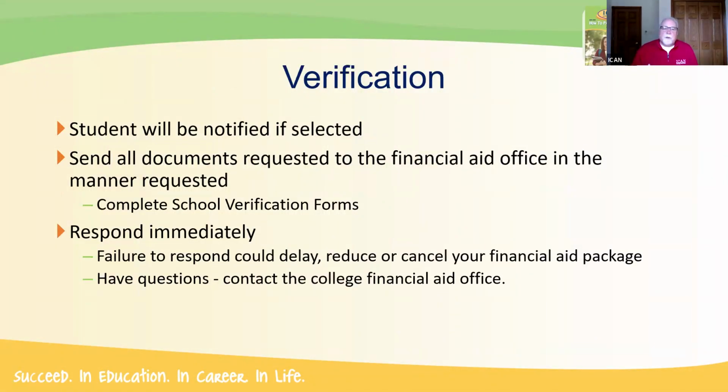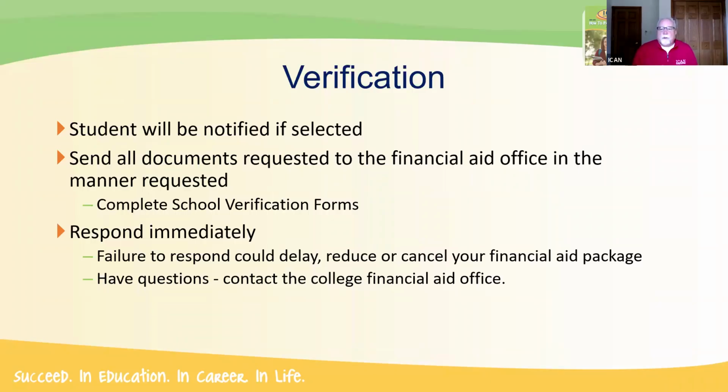So the student should be checking their college emails to see if the financial aid office needs more information. If you've applied for financial aid and you haven't heard anything for a while from the college or university, don't be afraid to contact the financial aid office to see where the process is with the application.